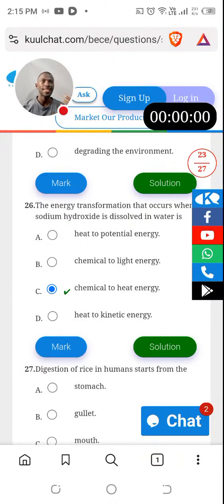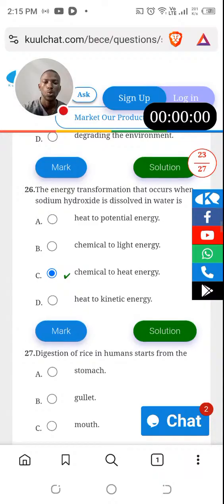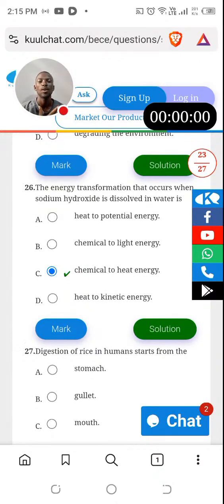So if you have done that before, there was one experiment I did in school with my students that there was pellets of sodium hydroxide. When I place it into water and whilst holding the beaker, you realize that the beaker tends to become really hot. So it's chemical to heat energy. And normally it's a chemical change also. And one of the changes that occurs during chemical changes is change in heat or temperature.